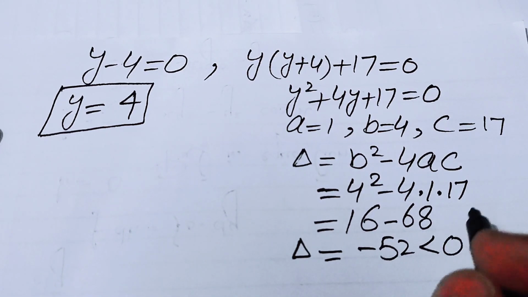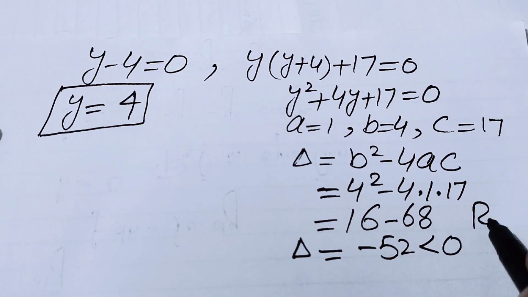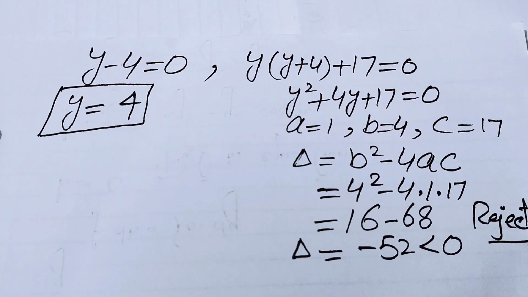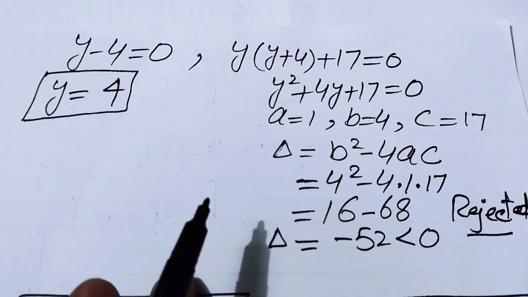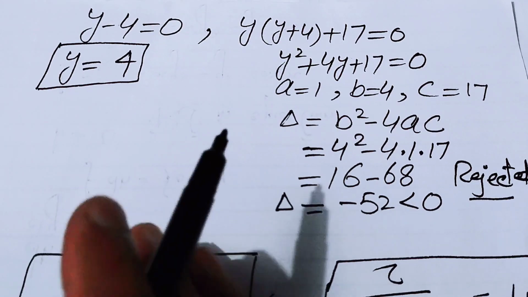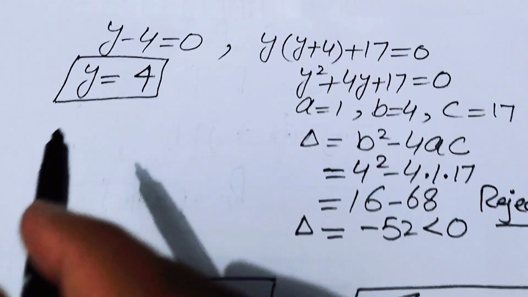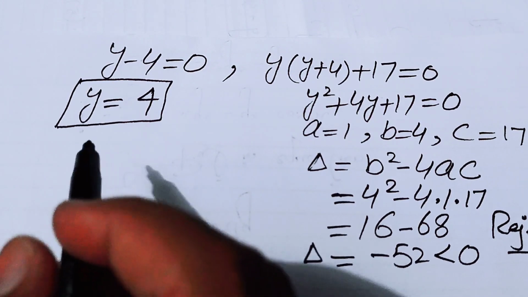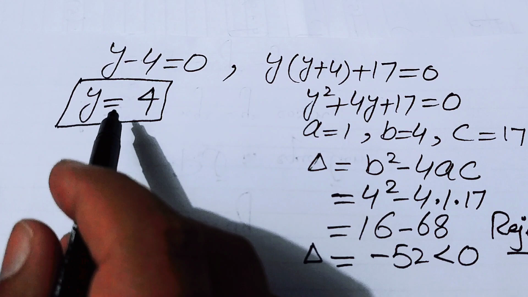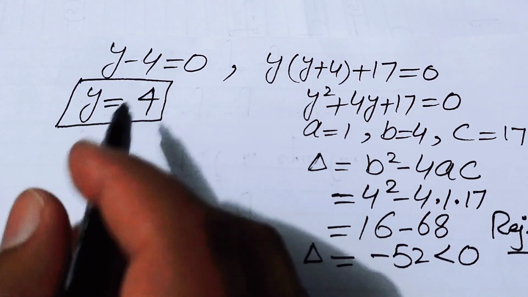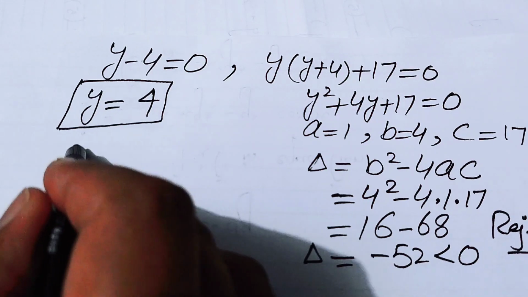Since this quadratic equation has no real root, I can reject this case, because in this question we need only the real roots. So I proceed with the first case only, where we have y is equal to 4, and at the start of the question we took y is equal to 2 to the power of n.